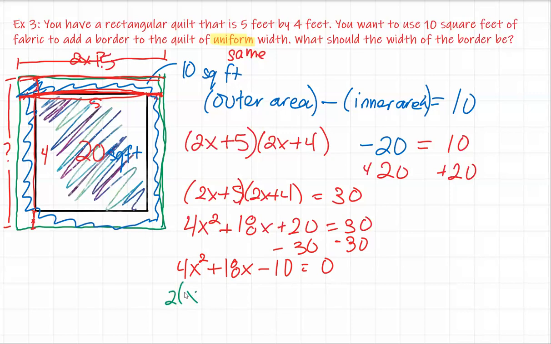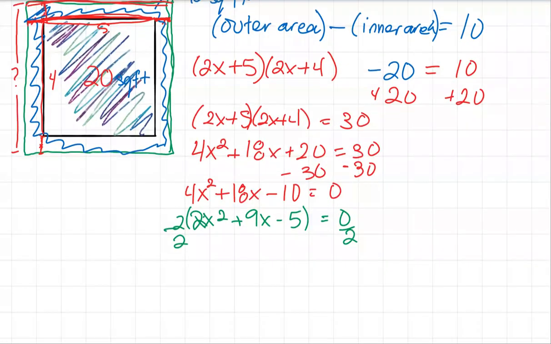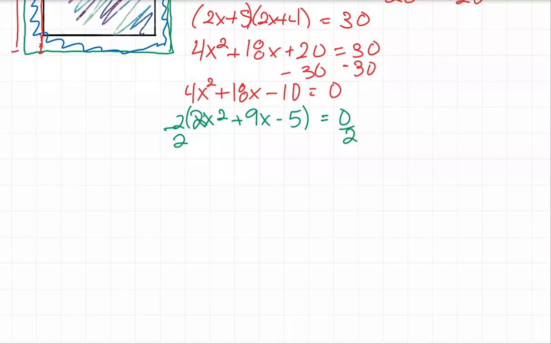I'm left with 2x squared plus 9x minus 5 is equal to 0. I can divide that 2 away to make my life easy, and I'm left with just the inside of that. 2x squared plus 9x minus 5 equals 0.